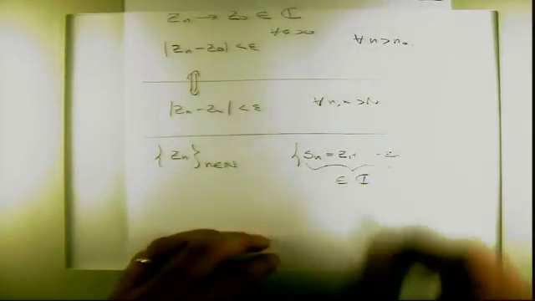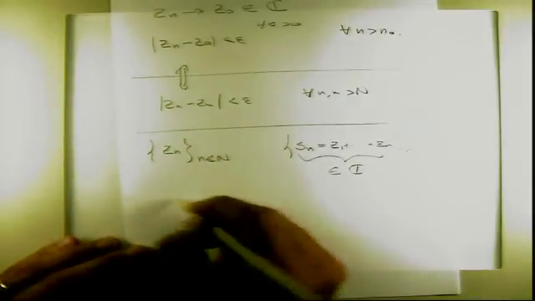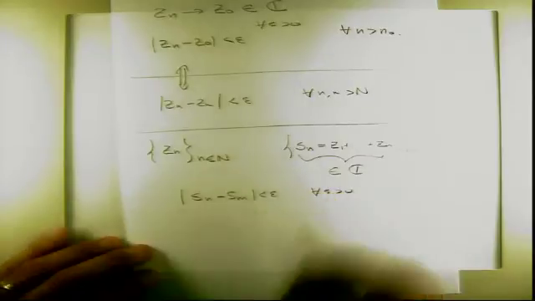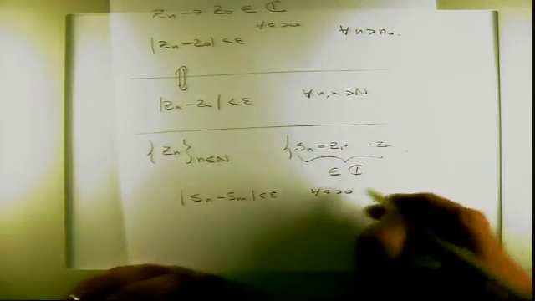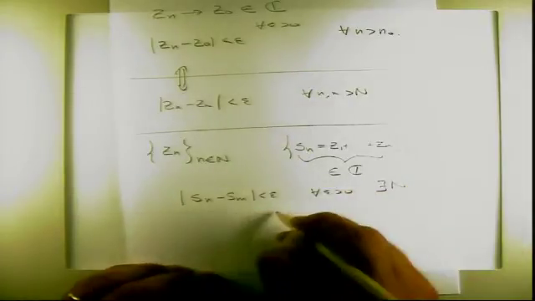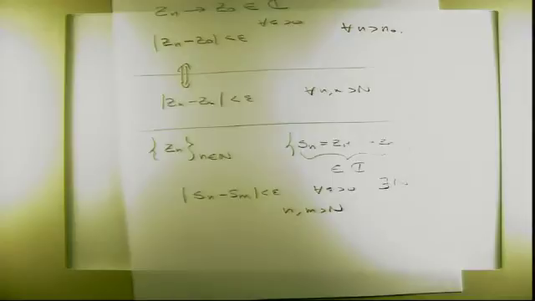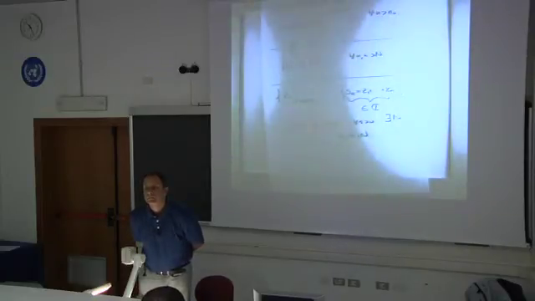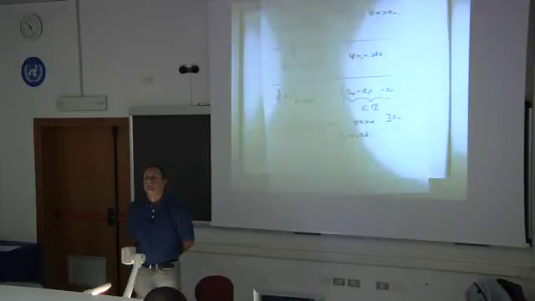This is a sequence of numbers, an element in C. Well, it is convergent if and only if there exists a certain n such that, if n is greater than n, we can say the modulus of Zn plus 1 plus Zn plus 2, and so on up to Zm, is smaller than epsilon.